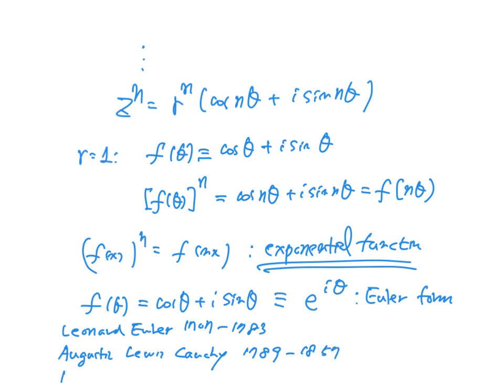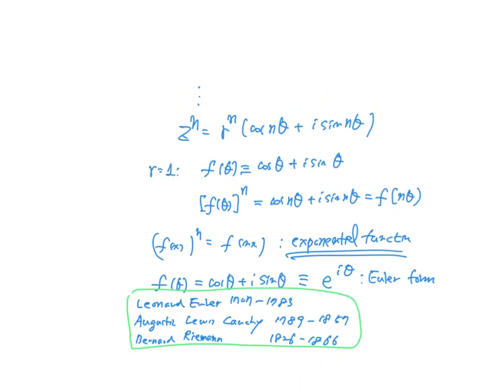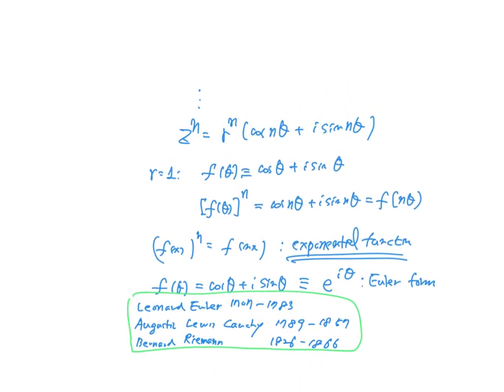And Bernhard Riemann, 1826 to 1866. These three names are the most important in the development of mathematics. Riemann is also famous for Riemannian geometry.